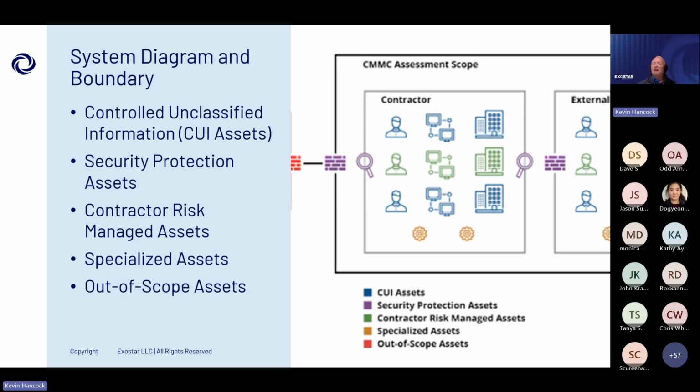Make that part of your network diagram and your system security plan, because that's what's going to determine what those third-party assessors are going to look at when they do that third-party assessment. You define that assessment scope, and then they come and do the assessment based on that scope that you provide to them.